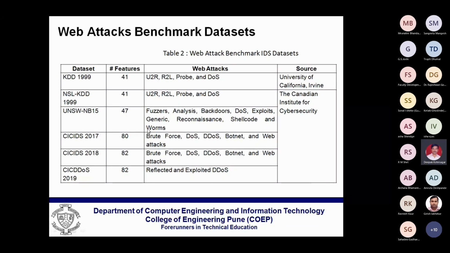Why are we selecting this dataset? Because of the web attacks, which are the latest types of web attacks present inside that 2017 dataset. In KDD and NSL KDD, some of the attacks directed towards web applications are present, but new types like SQL injection and brute force are not present in the old ones. Therefore, we prefer the 2017 dataset.